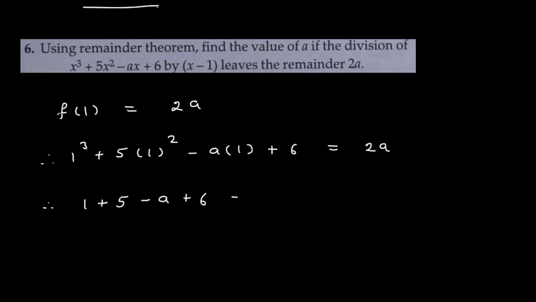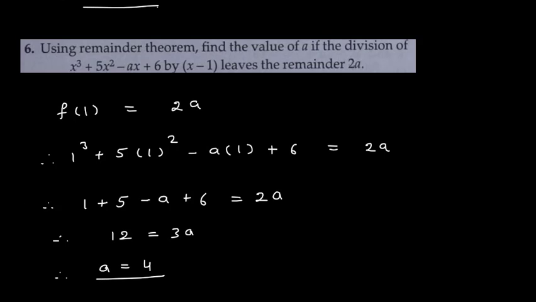It is 1 cube plus 5 into 1 square minus a into 1 plus 6. This will be equal to 2a. So here we will get 1 plus 5 minus a plus 6 is equal to 2a. So therefore 5 plus 1 is 6, 6 plus 6 is 12, 12 is equal to 3a. So therefore the value of a is 4.